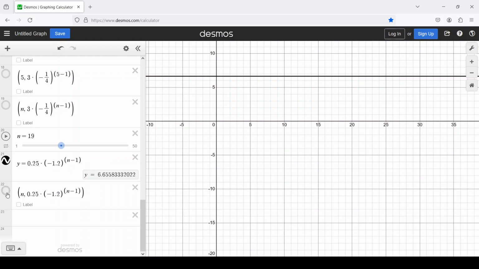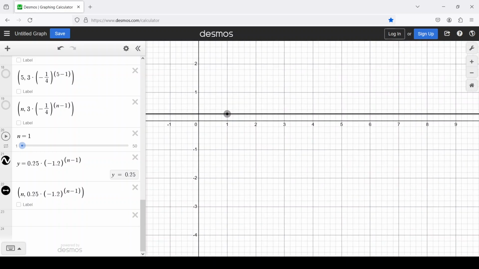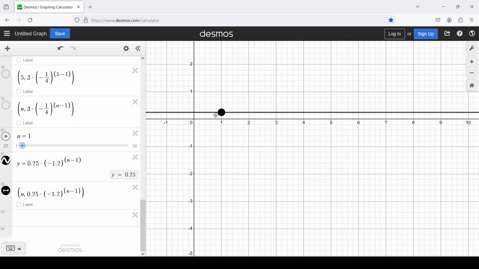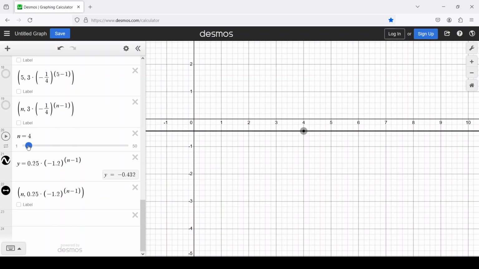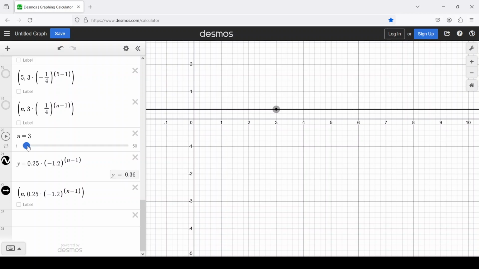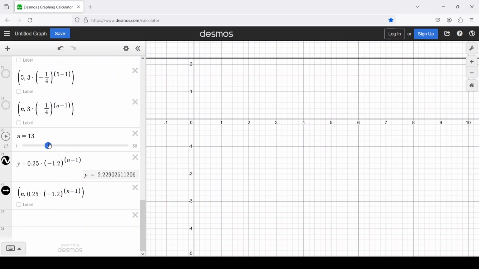And here I have the point at 1. Okay, 1, if you substitute it in there, gives you a quarter. What's the next point? Well, at 2, we get negative 0.3. When n is 3, it's above the line. When n is 4, it's below, above, below, above, below, above, below, and so on.